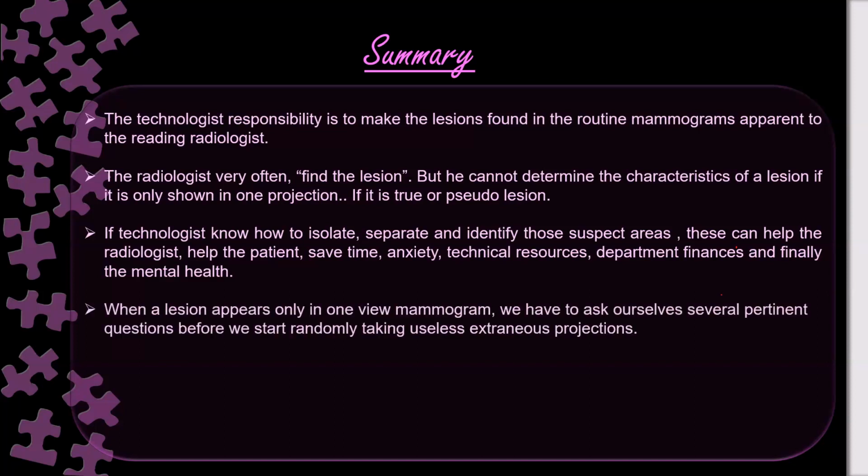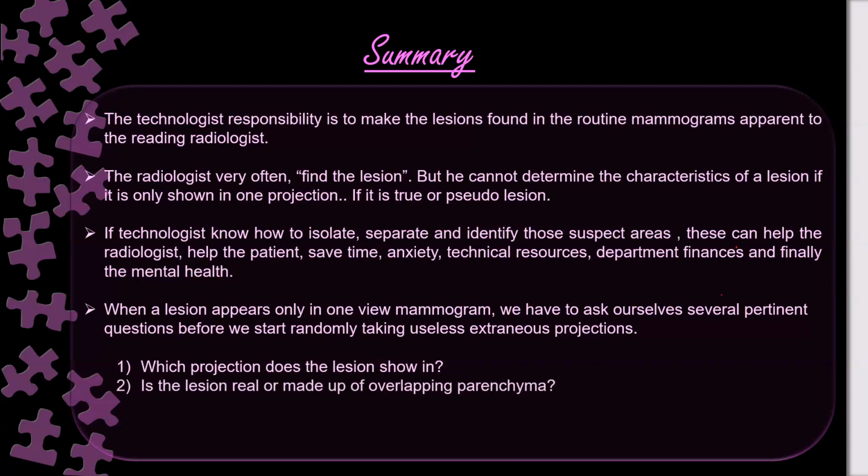And when a lesion appears in only one view of the mammogram, we have to ask ourselves several questions before randomly taking any additional views. We have to ask ourselves which projection the lesion shows in, and is the lesion real or made up of overlapping parenchyma?